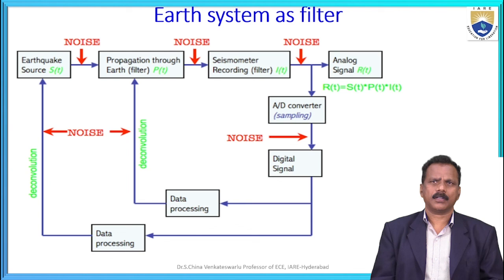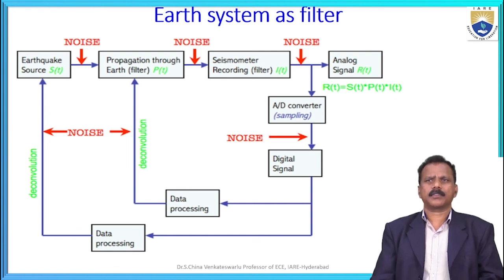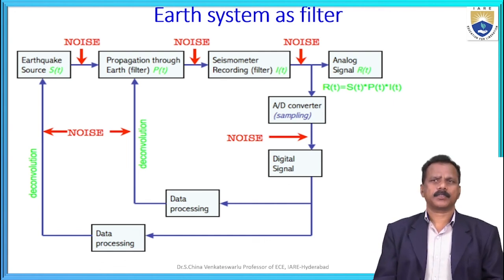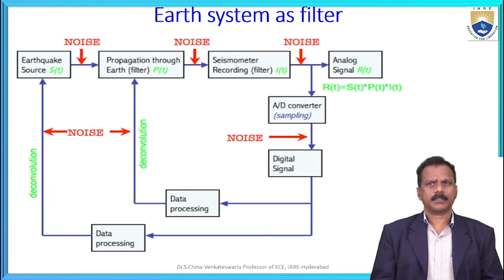The seismometer or recording filter is I of t. It is given to the analog filter R of t, and then to the analog to digital converter. By using sampling, it is given to the digital signal. The digital signal is processed, the data processing, with the deconvolution purpose.